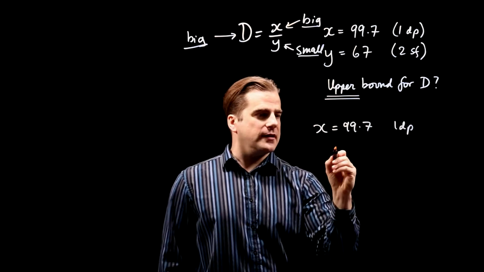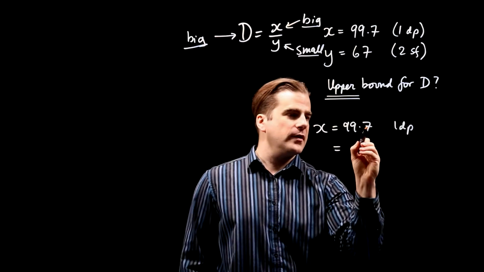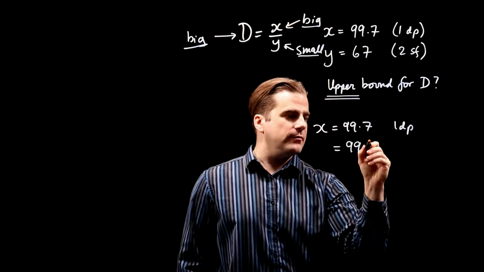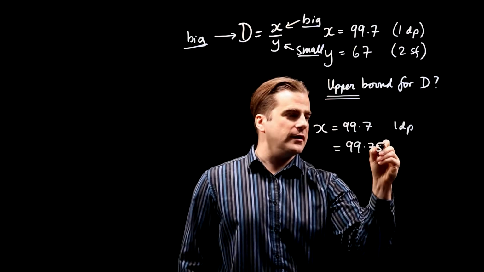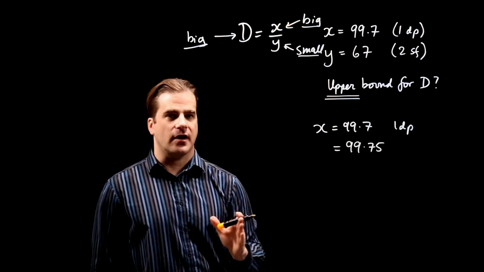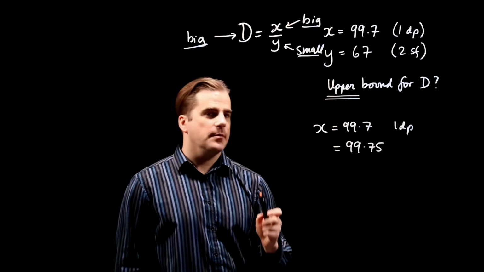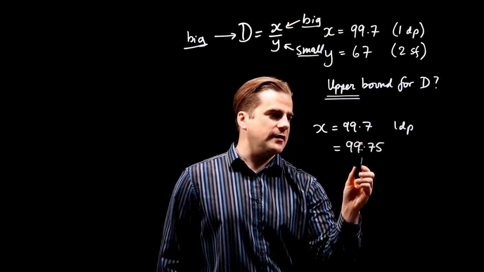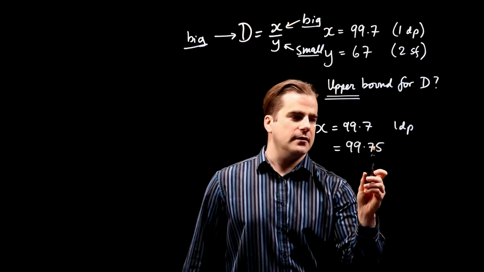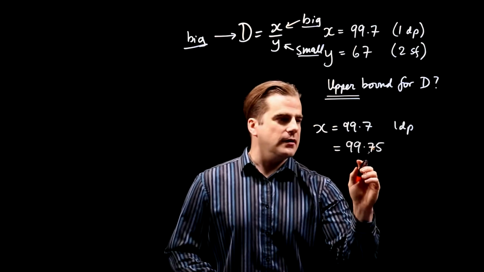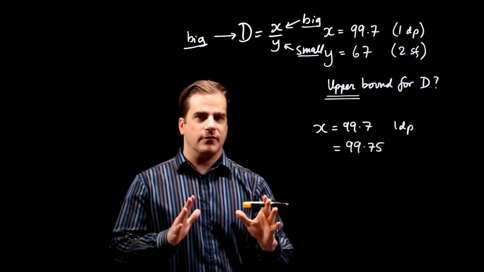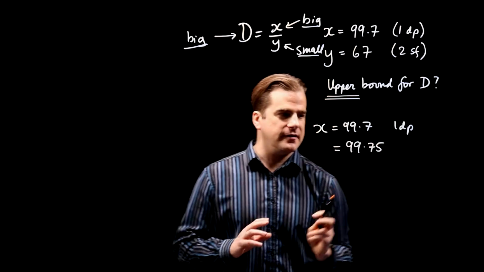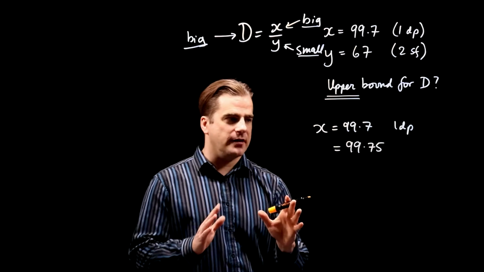Right, to one decimal place, the biggest value it could have been is 99.75. Okay, because if you're asked to give 99.75 to 1 dp, the 5 pushes the 7 up to an 8, and it would be 99.8.